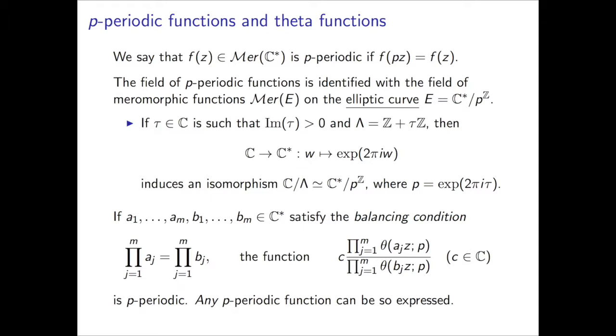And so you could shift it and end up getting the same set of zeros and poles down in the curve. So those functions down there would end up being the same. So this expression is not unique, but whenever you have an expression like this, you can explicitly write down the divisor of the meromorphic function. And that's actually going to be the main use that we get out of expressing p-periodic functions in terms of theta functions. Thank you for the question.